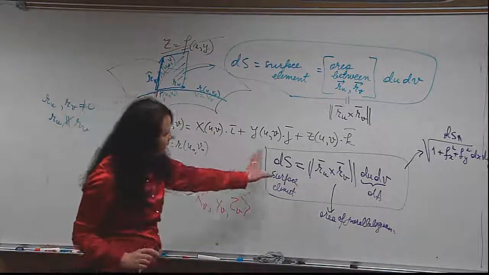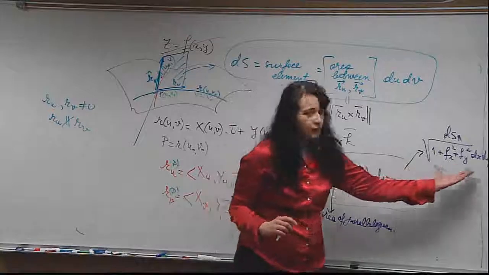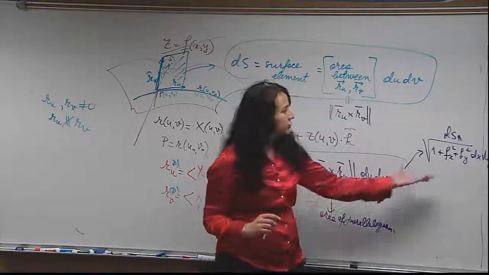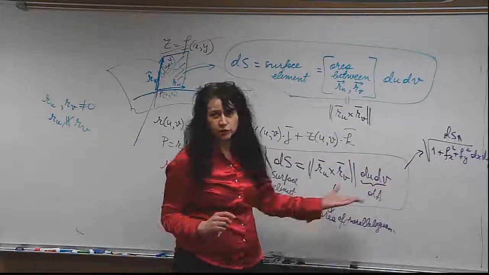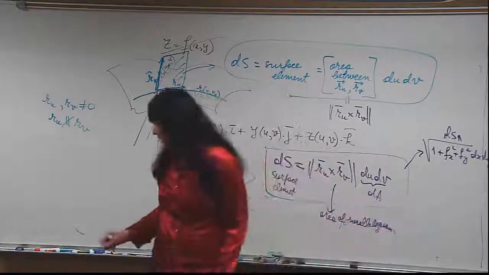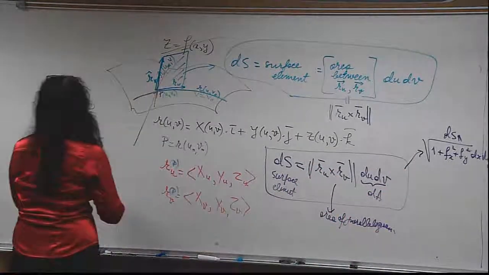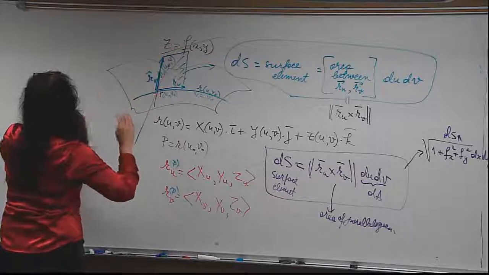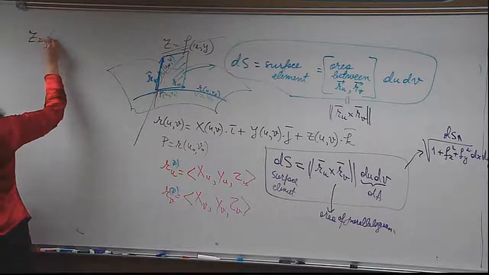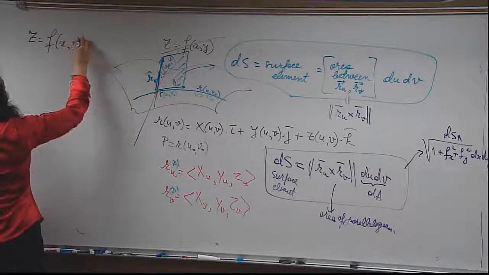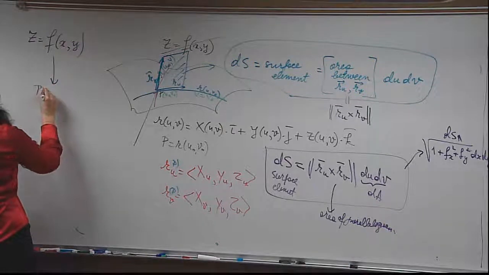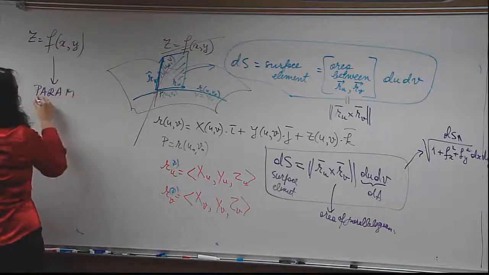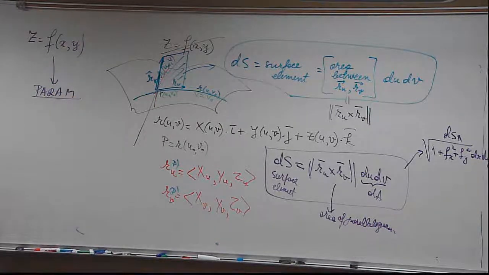All right, so this makes more sense than what you gave me. Can I prove what you gave me based on this and show it's one and the same thing? So hopefully, yes. If I have my explicit form z equals f of x and y, I should be able to parameterize this surface. How do I parameterize the surface in the simplest possible way?